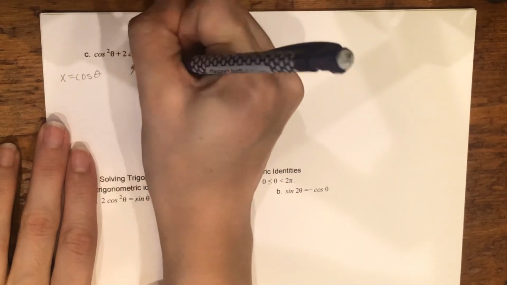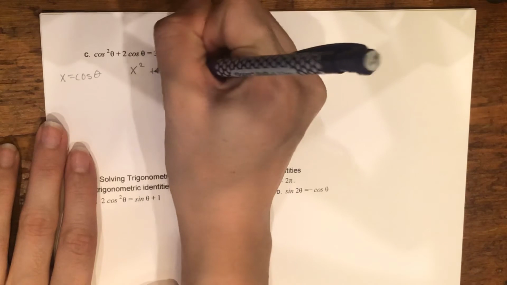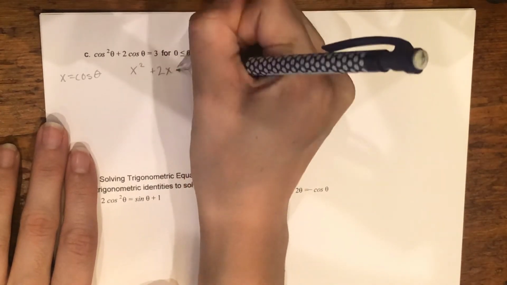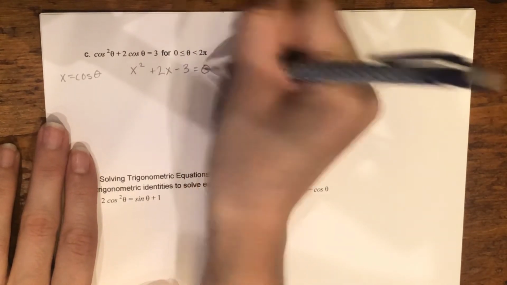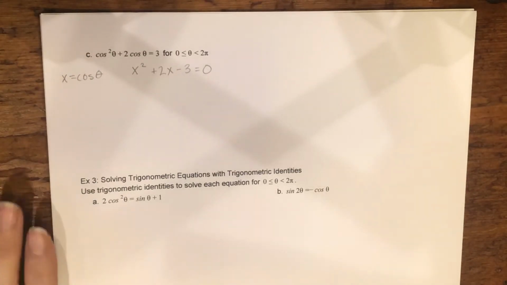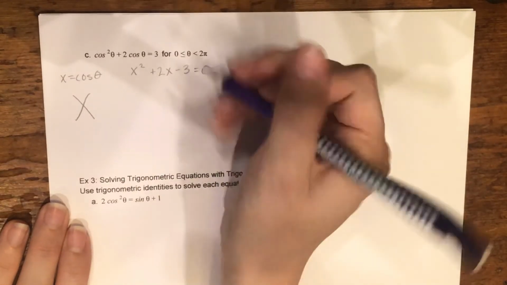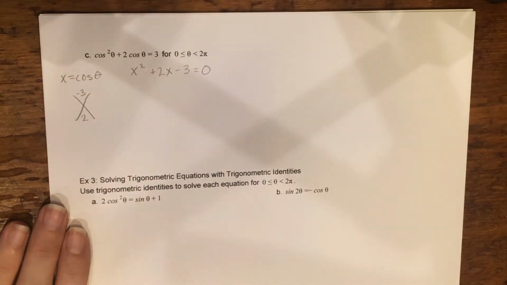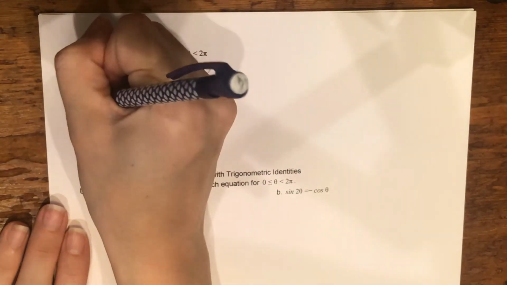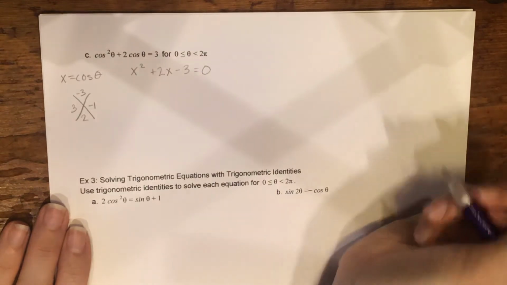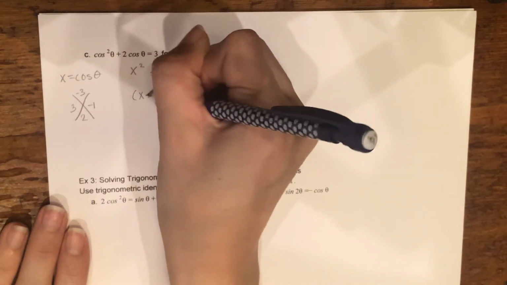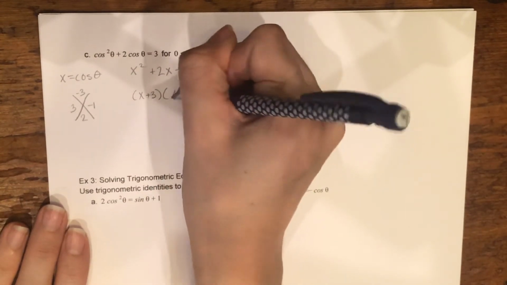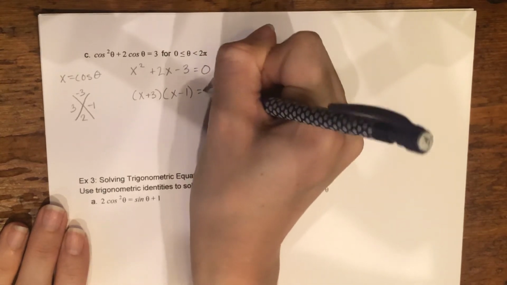So I would have x squared plus 2x, and then I'm going to subtract the 3 over, equaling 0. I'm multiplying to -3 and adding to 2. This would be a +3 and a -1.